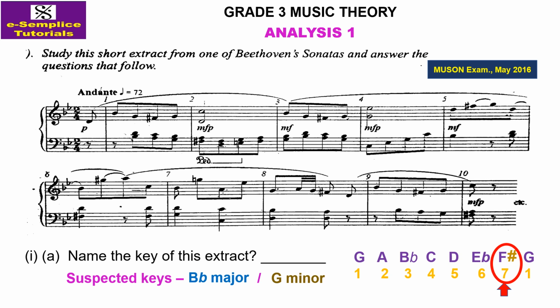Now, looking through this music, there are a lot of F sharp. In the right hand music, there's F sharp in bar 1. Left hand music, there's F sharp in bar 2. Right hand music, there's F sharp in bar 3. Bar 5, right hand music, there's F sharp.